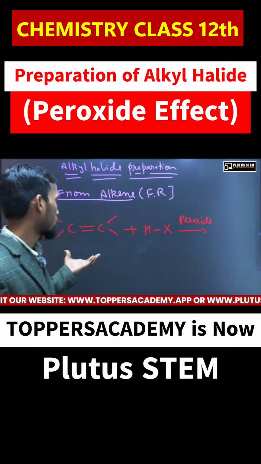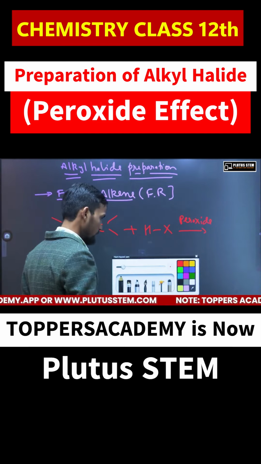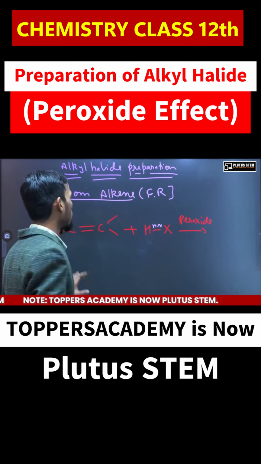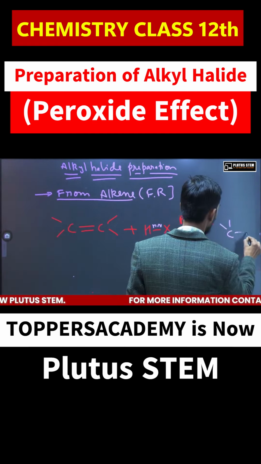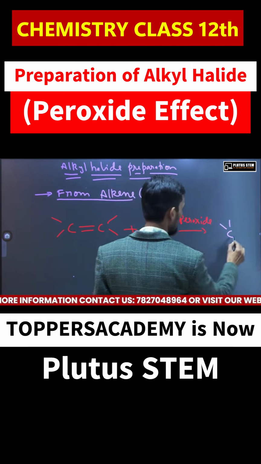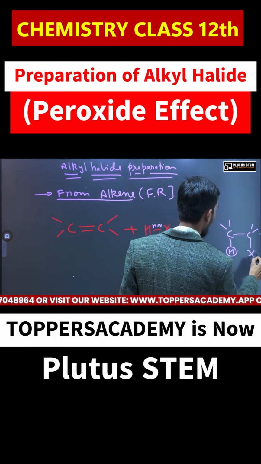In presence of a peroxide, what is going to happen over here? We will see this bond will break, homolytic cleavage will be there, and we are going to get a product like this. One side hydrogen and another side halogen.